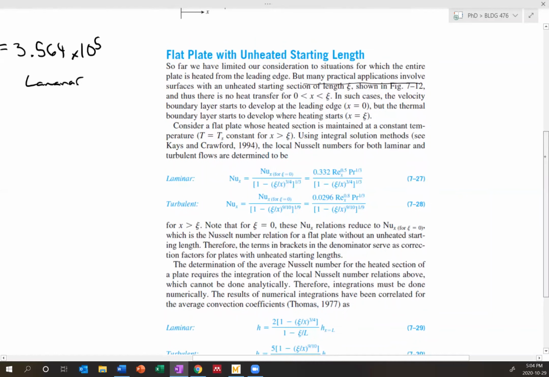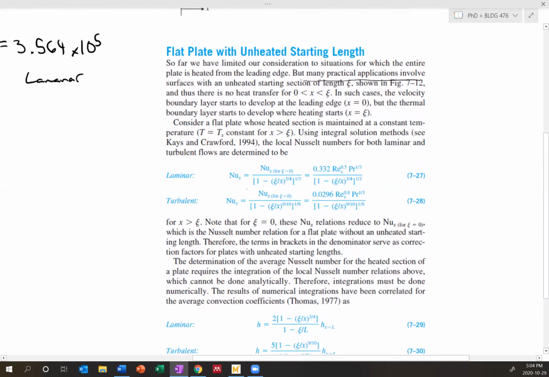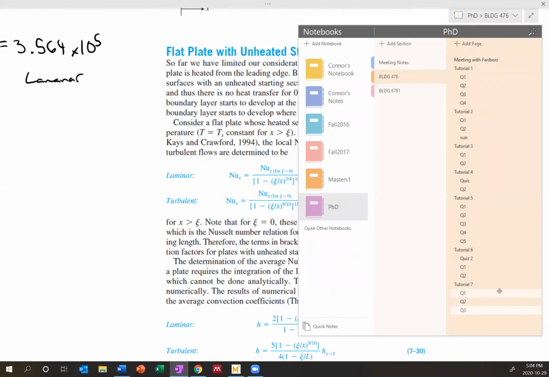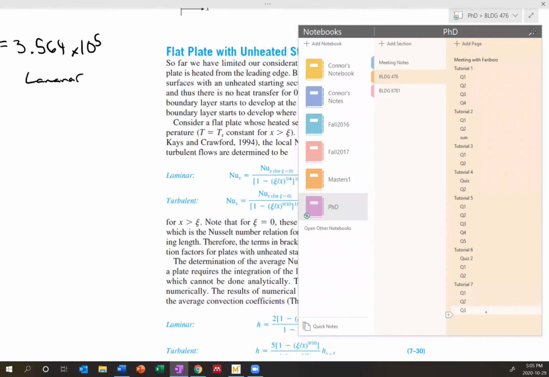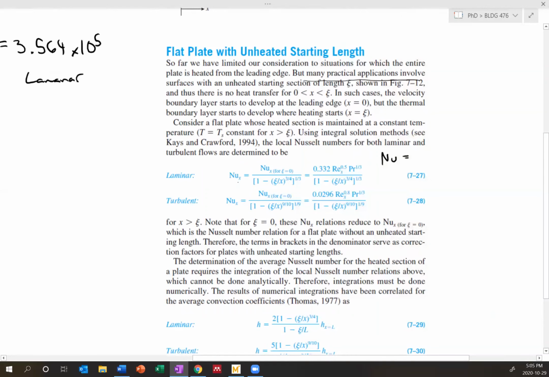The part that's missing here is that our Nusselt number is equal to hL over k. Because this is Nu_x, we can say that this is equal to hx L over k. To find our hx, once we find our Nu_x, we use this equation and we'll find our hx.